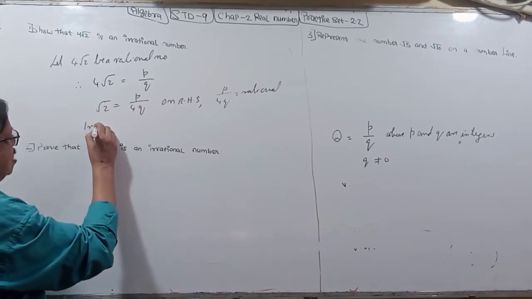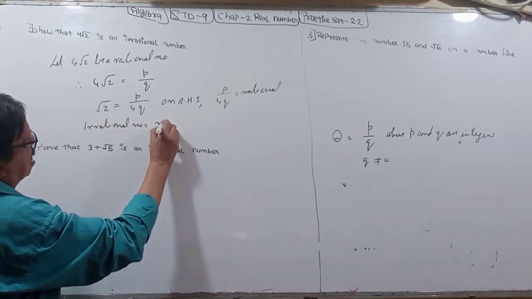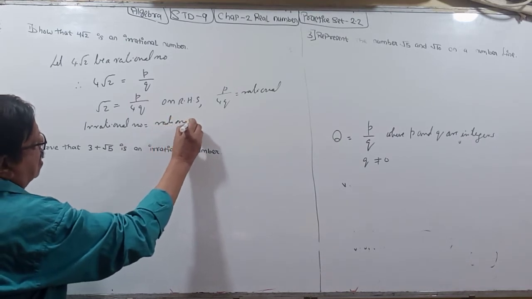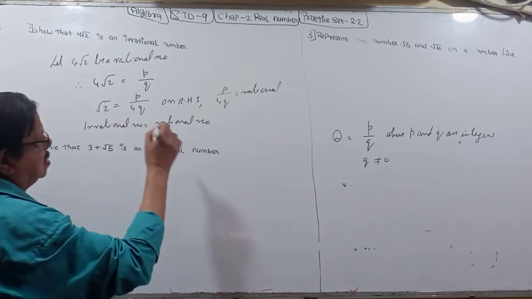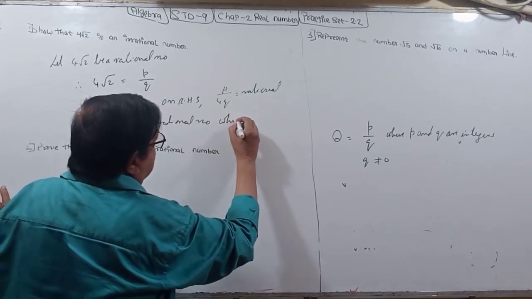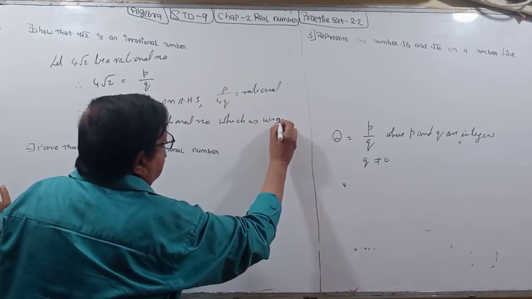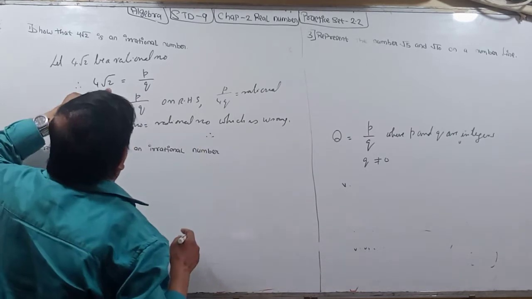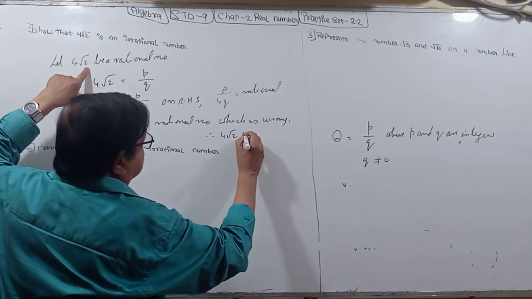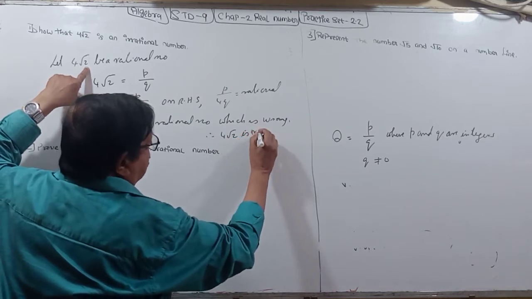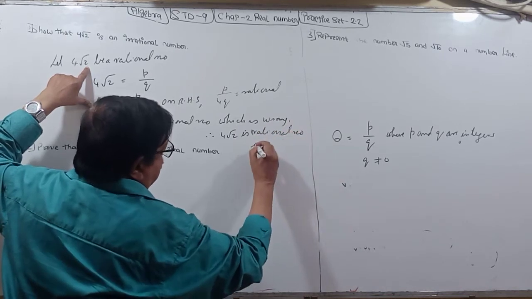Therefore, an irrational number equals a rational number, which is wrong. An irrational number cannot be equal to a rational number. Therefore, our assumption that 4 root 2 is a rational number is wrong.